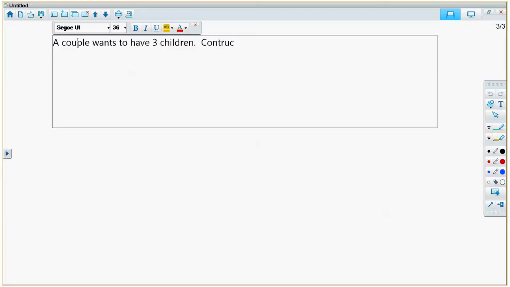Construct a probability distribution, which I call probability distributions, based on the probability of 0.45 of the couple having a boy.